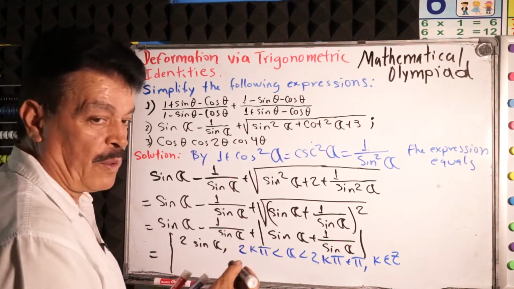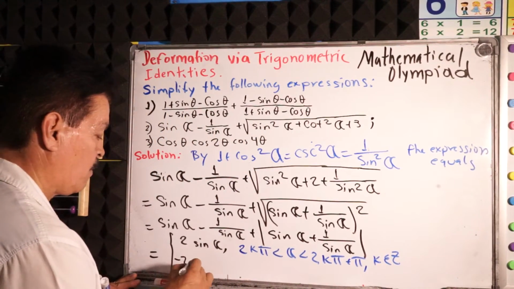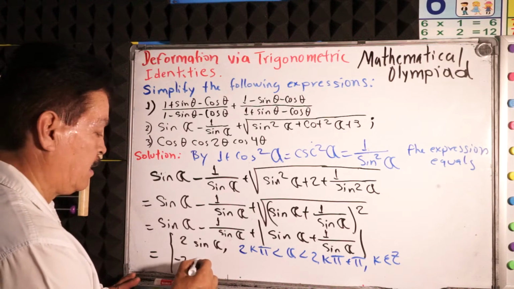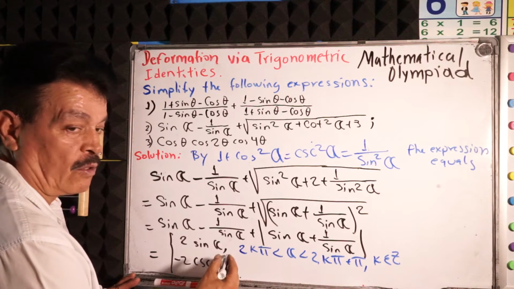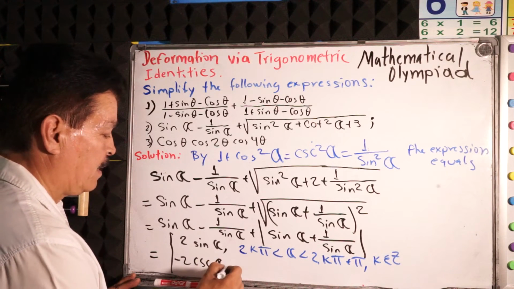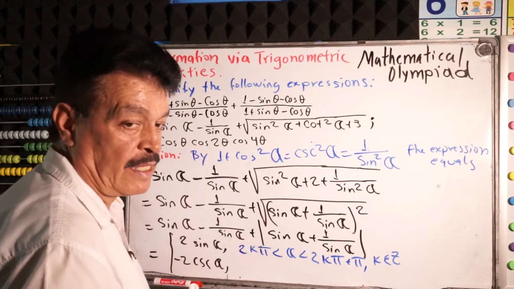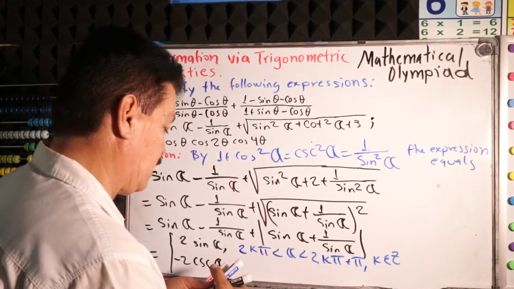In the bottom we will have a negative 2 cosecant of this angle, and then the same information here, but it's a little bit different.